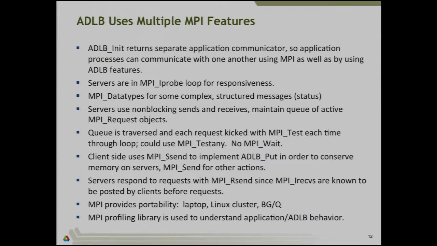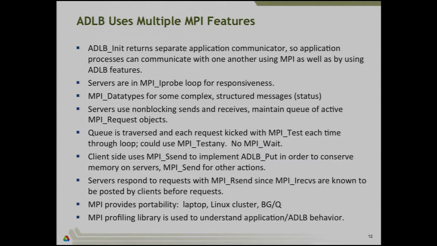ADLB itself is simple, but it uses a lot of the non-standard stuff in MPI. So, just connecting this for a moment to the MPI part of our course: when you call ADLB init, it chops off a couple of processes to serve as the servers and gives the application back a communicator. So the use of MPI communicators is fundamental.